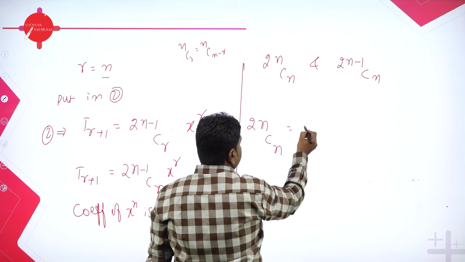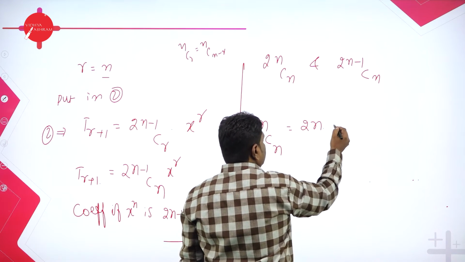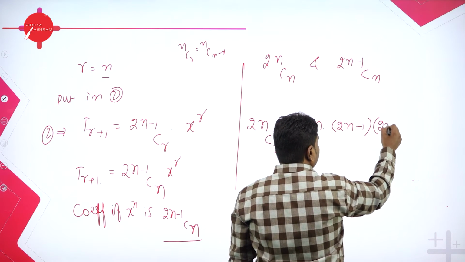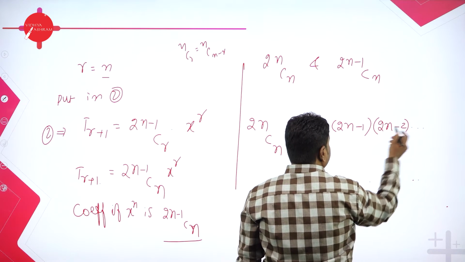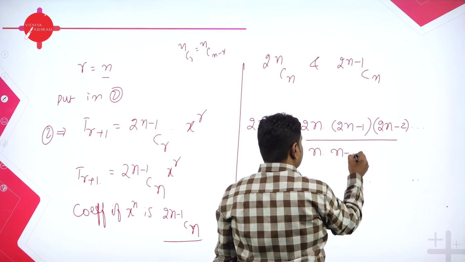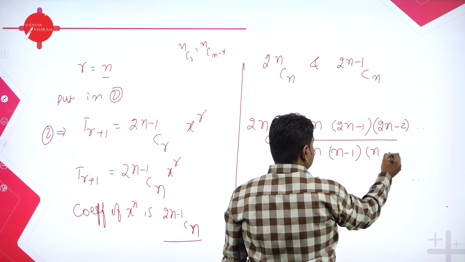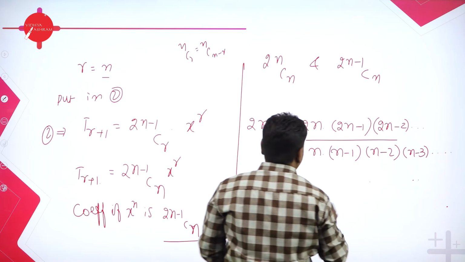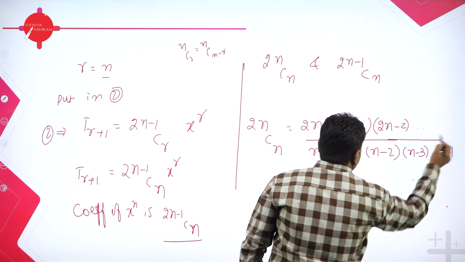My dear students, can I write it as 2n into 1 less than that, 2n−1, into 1 less than that, 2n−2, and so on, divided by n−1, n−2, n−3 till 1, the last term? It is n factorial.